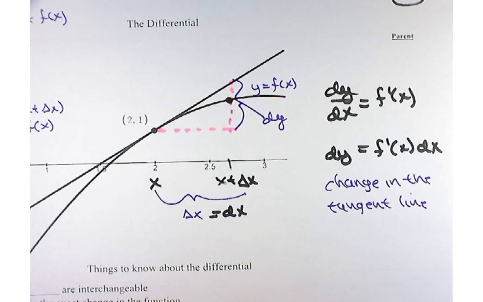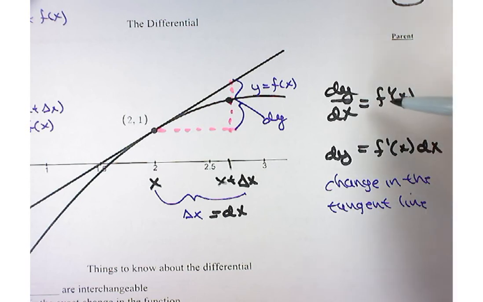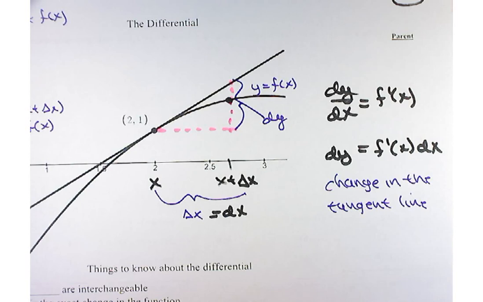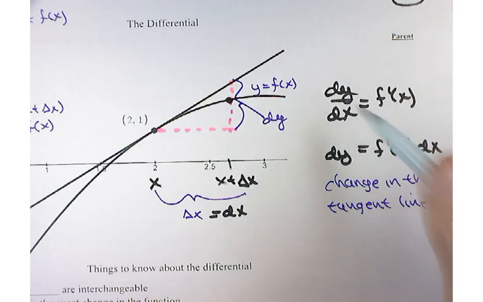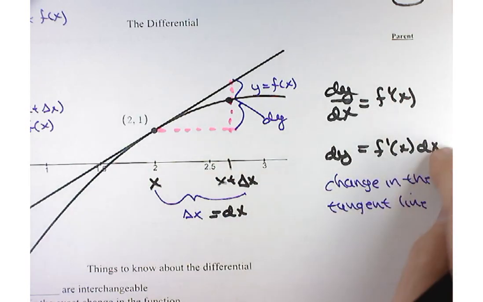Well, why is that important? It's going to give us a different way to approximate the value of a function and show you also that the tangent line is useful for some things, mainly being approximating a function.